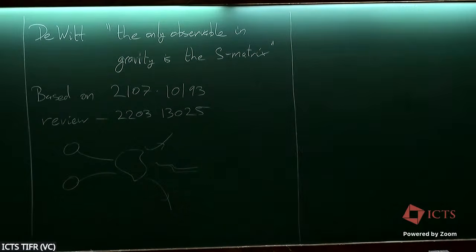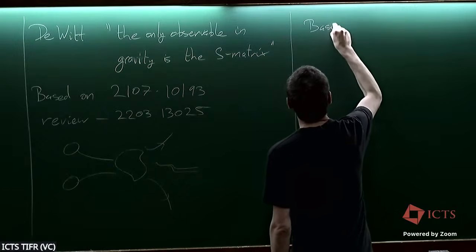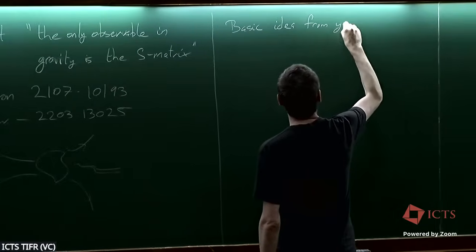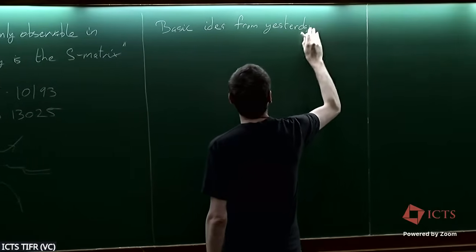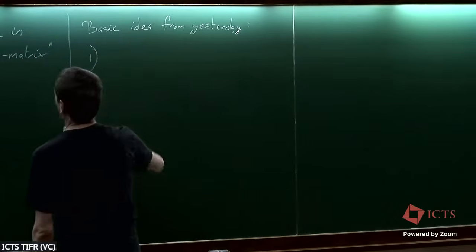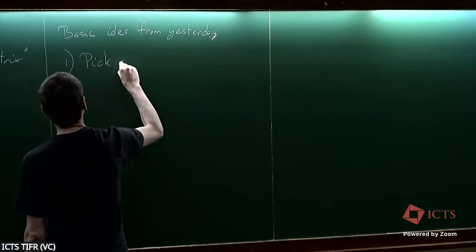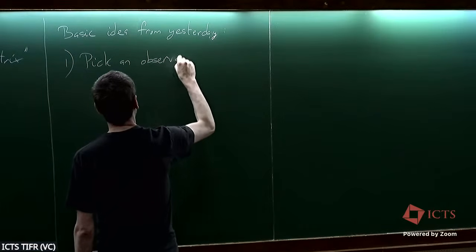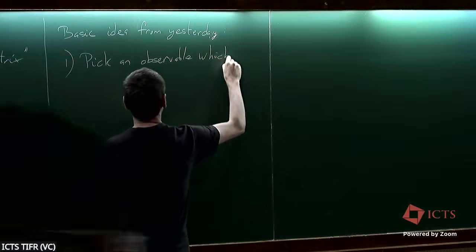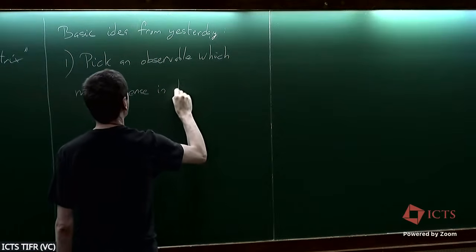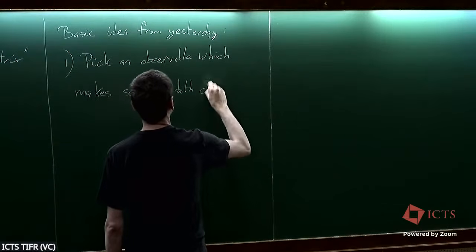Now, the idea from last time, to start from scattering amplitudes and obtain results for observables, was as follows. From the last lecture, from yesterday, there's a three-step recipe. You start by picking an observable, which makes sense in both the quantum theory and the classical theory.